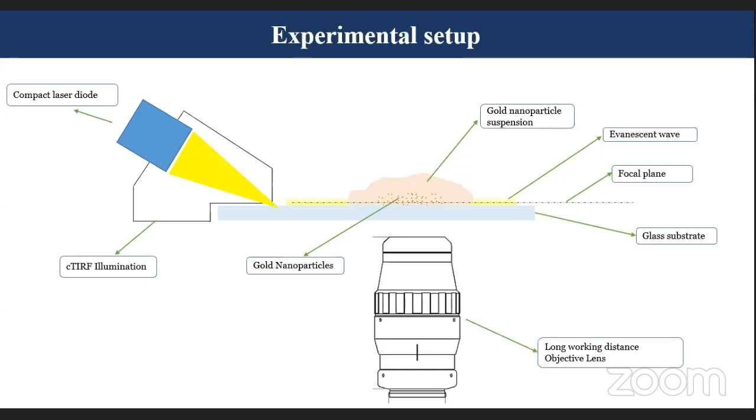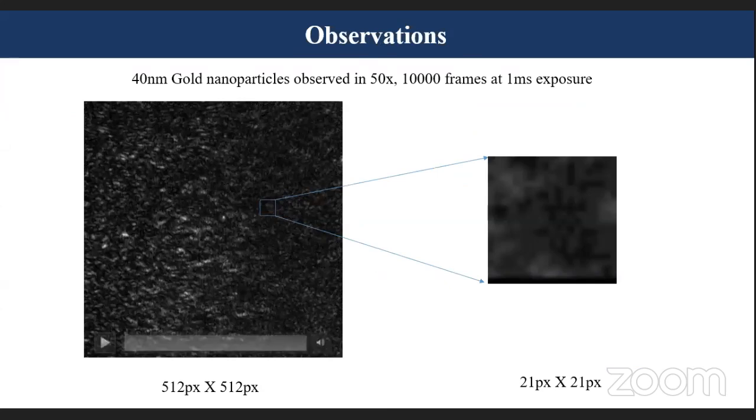You can see that some particles are getting illuminated, while other particles are beyond this illumination zone, so they are not getting any interference. And very easily I can see that only a few particles which are coming to the focal plane are generating the signal. This is the movie.